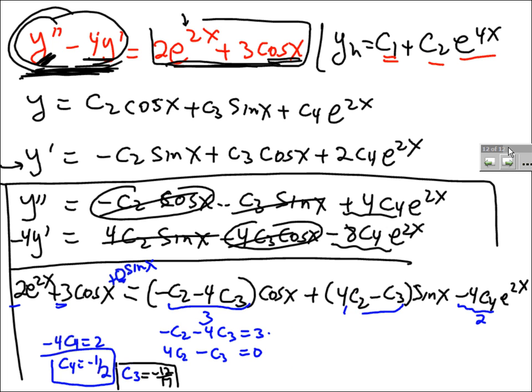If you subtract two quantities and you get 0, the two quantities are equal. 4c2 is equal to c3. On the left side, it's very favorable to divide by 4 to get c2.